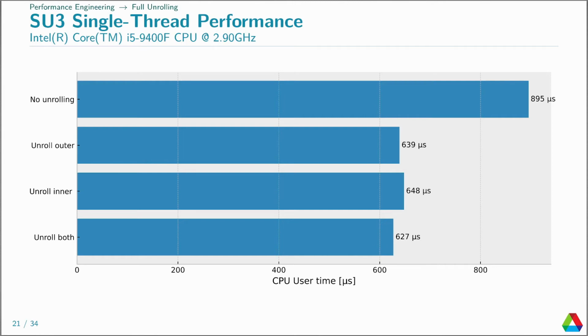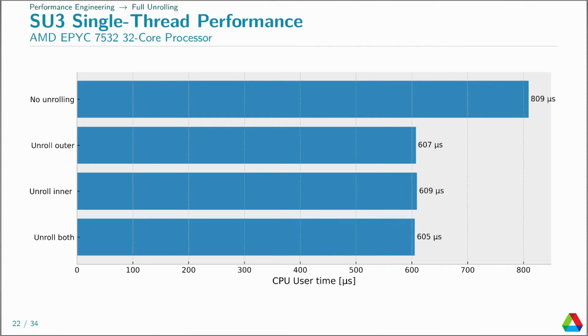For a different Intel processor, we also get different results. This is clocked a bit faster, so in total it's a bit faster than the previous Intel processor, but for it, it's less significant which of the loops we unroll, as long as we unroll at least one of them. And only when unrolling both, we get a bit more speedup.